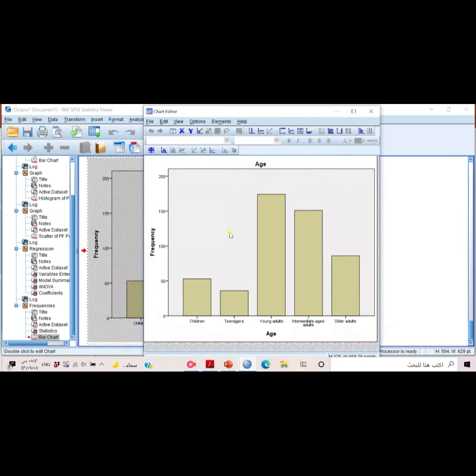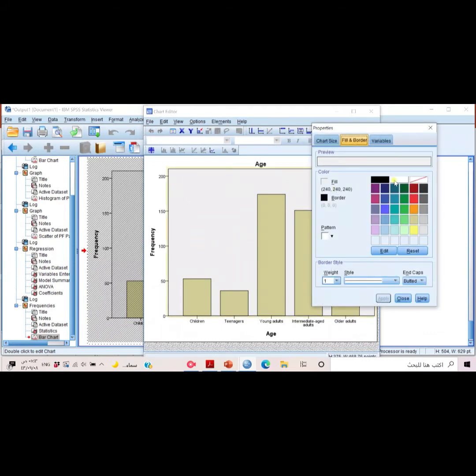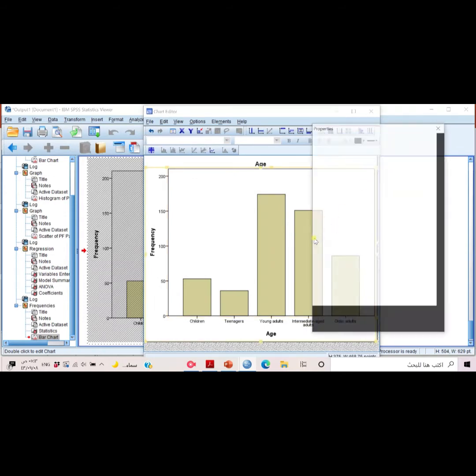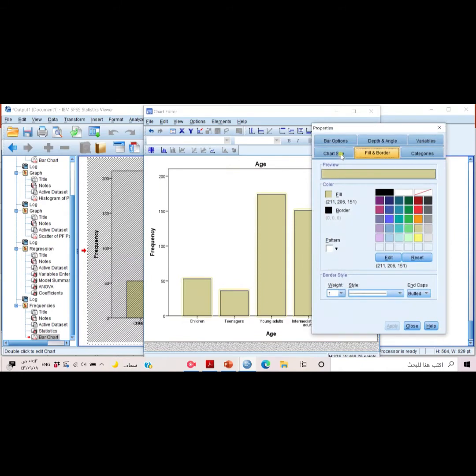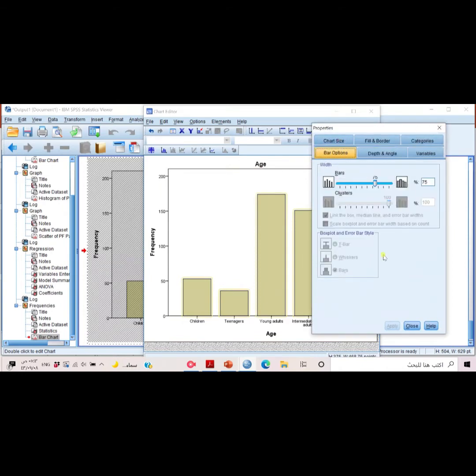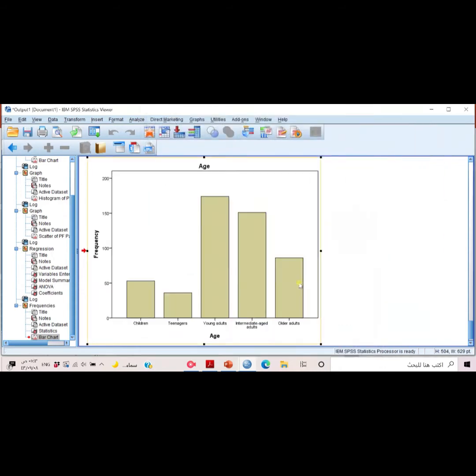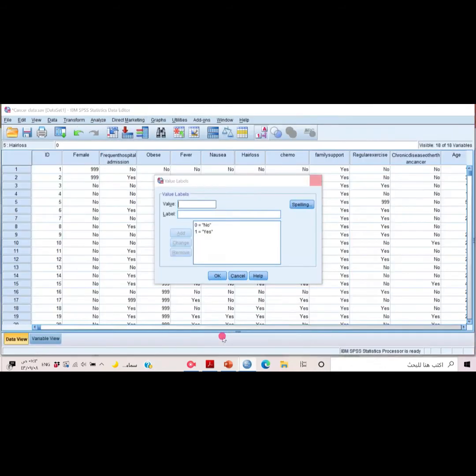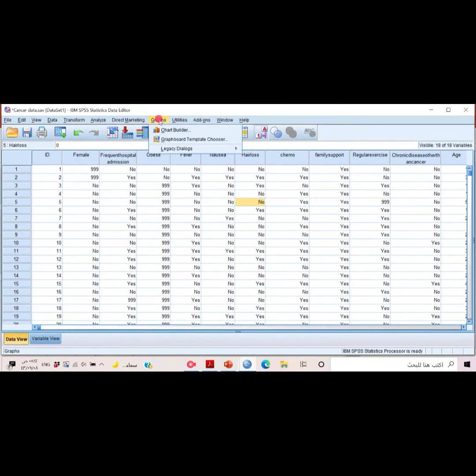Can I modify it? Yes. I will just double click. I can change the background, and also I can press on the bar. I do some modification on it, and then I will apply, and then I will close.